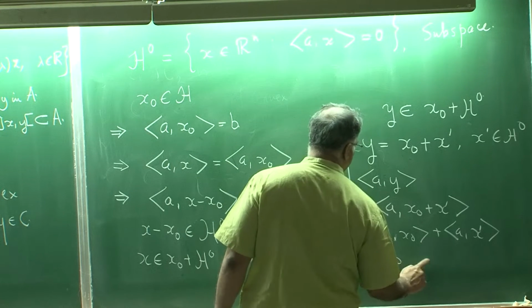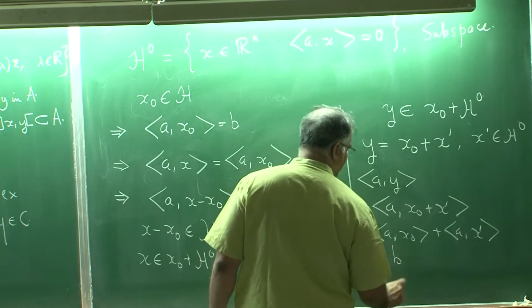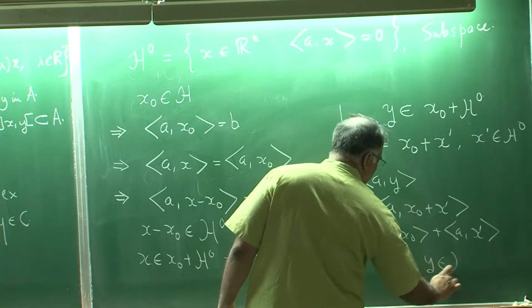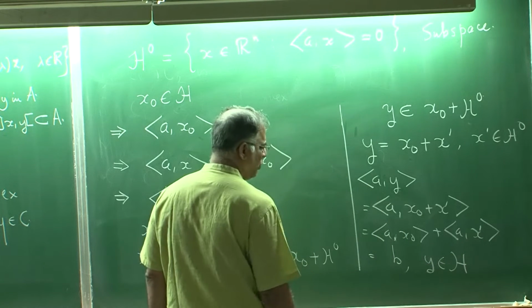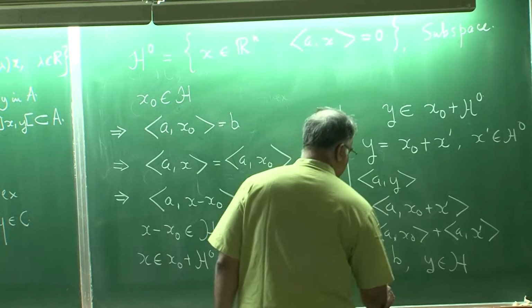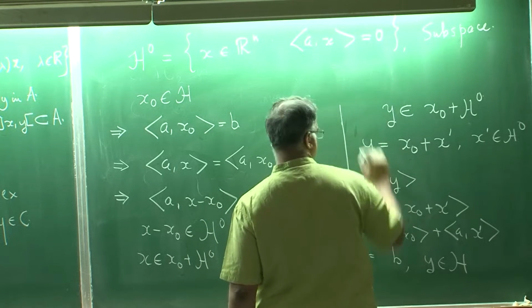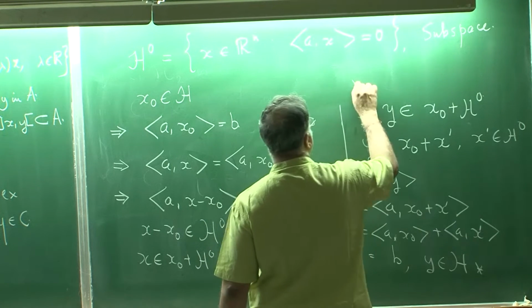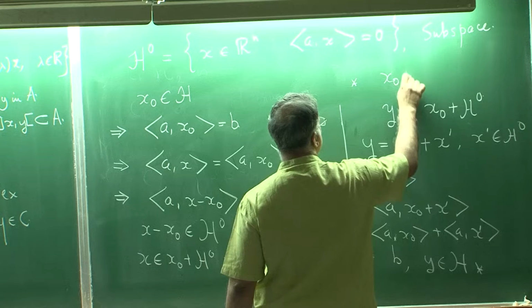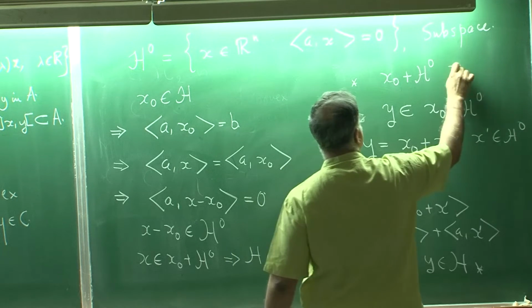So, this is B plus 0, which is B. So, A y is equal to B. So, y is an element of H. So, what does it show? It shows that x naught plus H naught is also a subset of H.